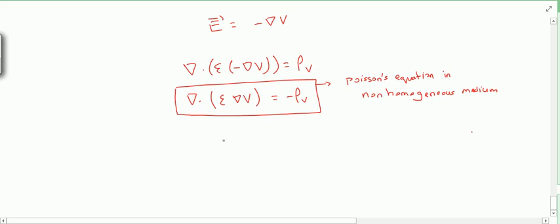Now for a homogeneous medium, I told you that epsilon, mu and sigma are constant. So I can take epsilon out of the differential operator and write it as epsilon del dot gradient of V equals minus rho v.